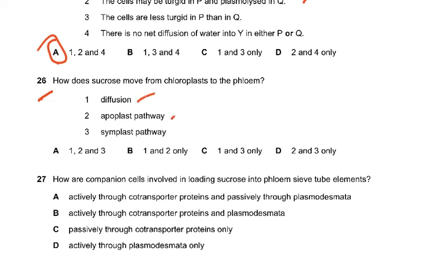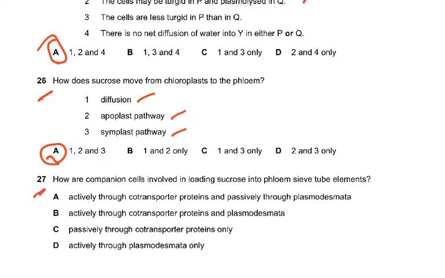Diffusion also occurs, apoplast pathway also occurs, and symplast pathway also occurs. So the answer is A. Because the chloroplasts are inside the cell in the palisade mesophyll or the spongy mesophyll, and then the sucrose has to diffuse out, and then it has to pass through the cells and the apoplast pathway and the symplast pathway, and then finally enter the phloem.